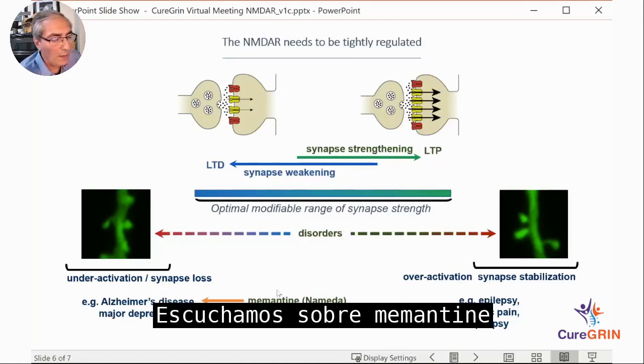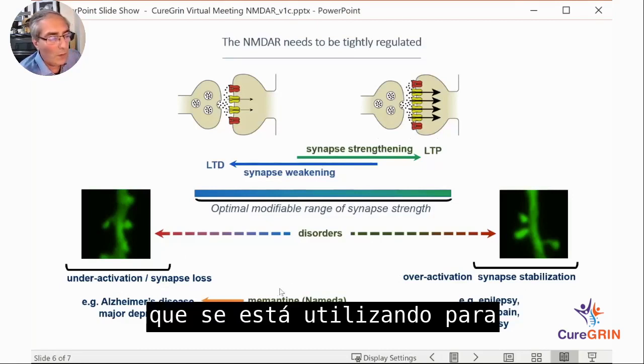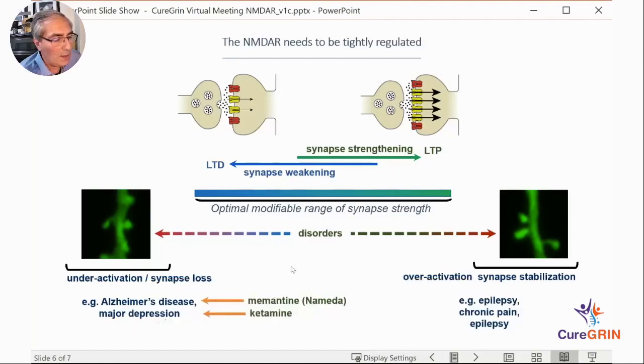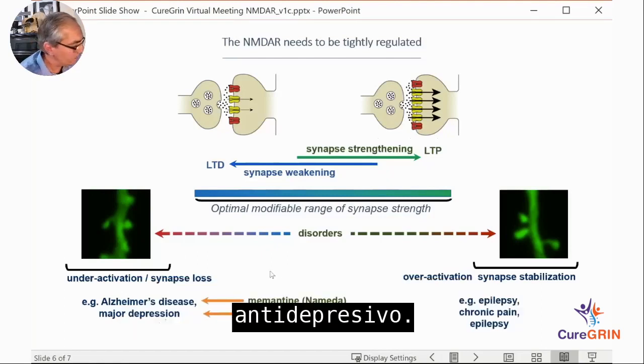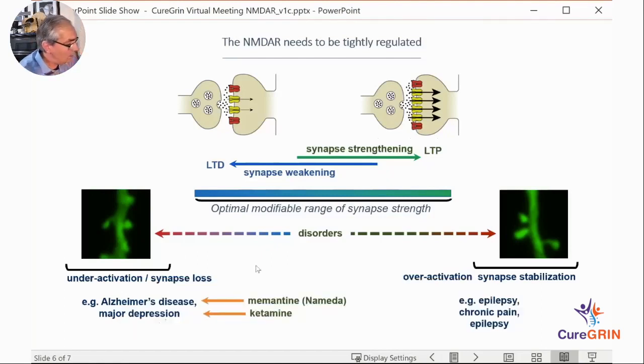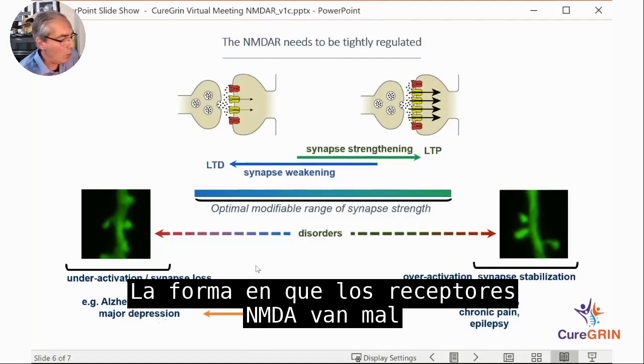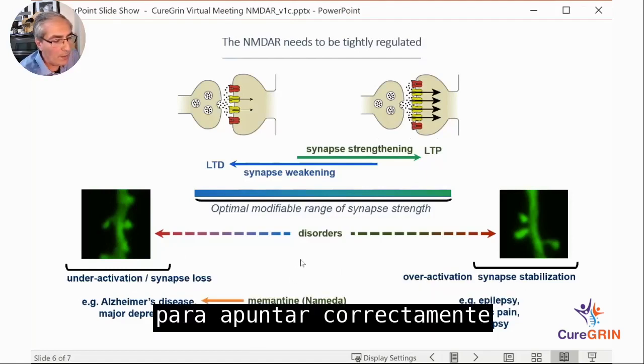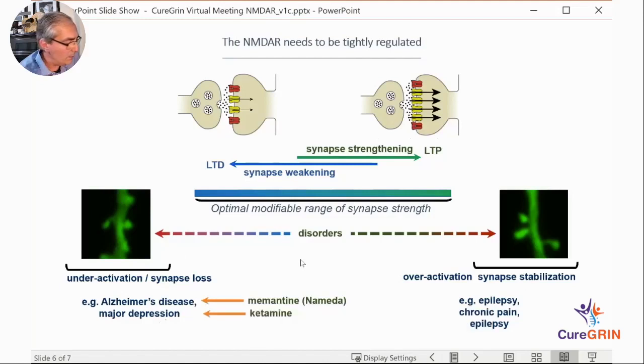We did hear about memantine, which is being used for late-stage Alzheimer's disease, and also ketamine, which is being used as an antidepressant. So it's important to understand the way that NMDA receptors go wrong in disorders in order to properly target therapies.